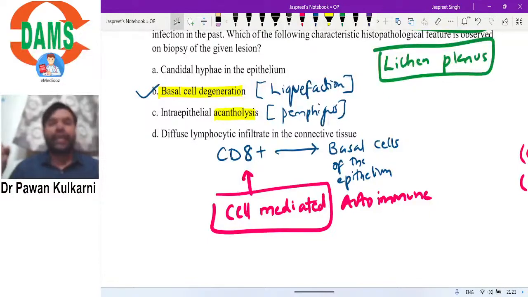That is called acantholysis. The spinous layer cells will lose their attachment. So intraepithelial acantholysis means within the epithelium, within the suprabasal cells, the cells will lose their attachment. That is called intraepithelial acantholysis, which is characteristic of pemphigus.